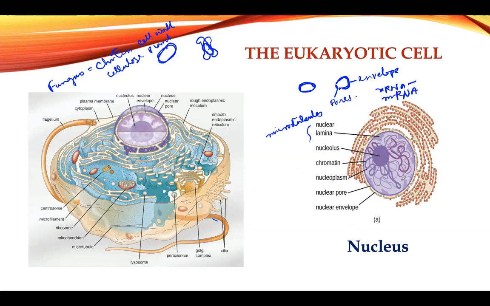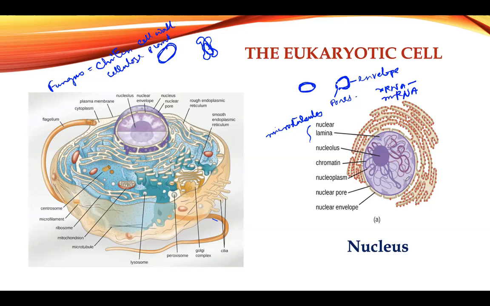Inside the nucleus, the jelly-like substance, just like cytoplasm, is the nucleoplasm. Inside the nucleus, we can find the DNA, or you can say the chromosomes.